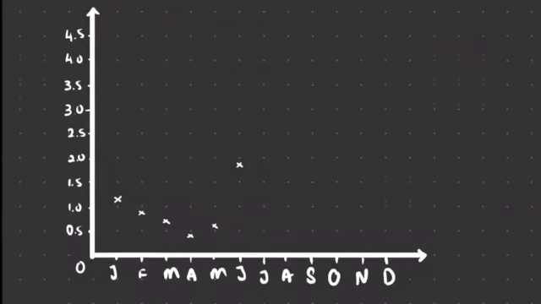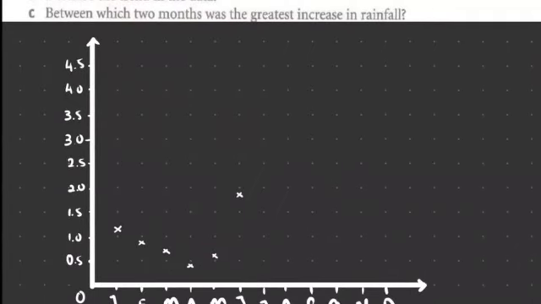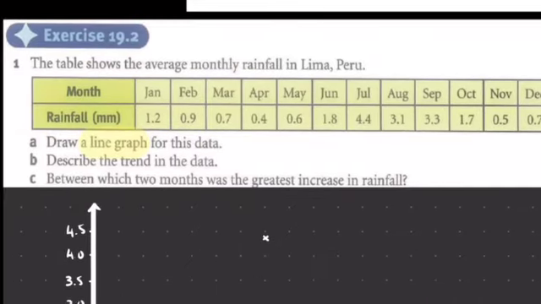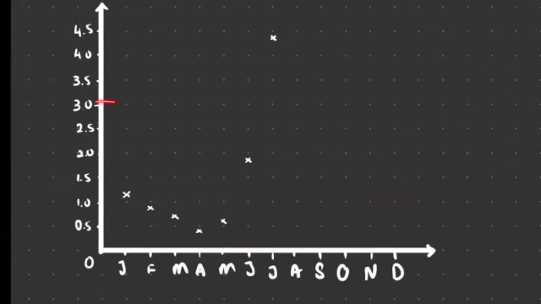July 4.4. Wow, I missed that one. I thought 3.3 was the highest. 4.4, lucky we have it. Next one would be August. August is 3.1, so somewhere here.